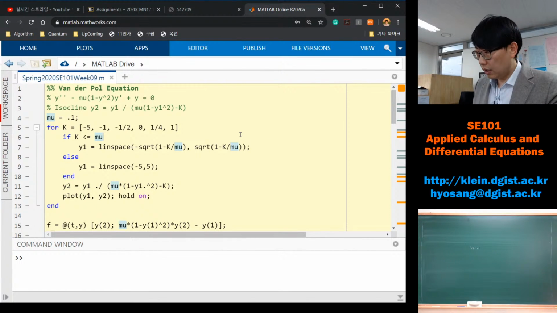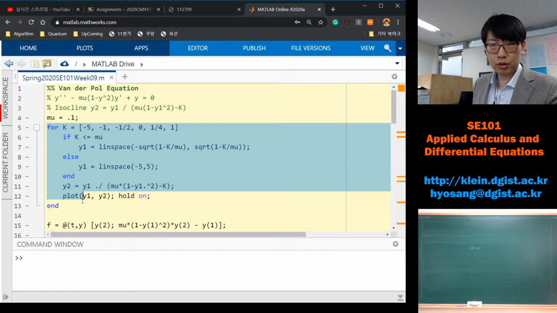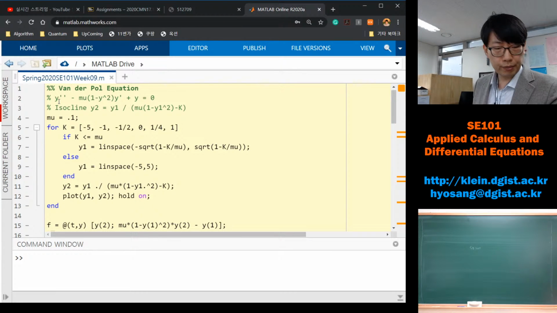So I already did the MATLAB code here, and there's a small variation of the iteration and the conditional loop. So let me explain what that is. We have a van der Pol equation, and the curve consisting of the points where the solution curve passing through that point has the same slope is called the isocline.